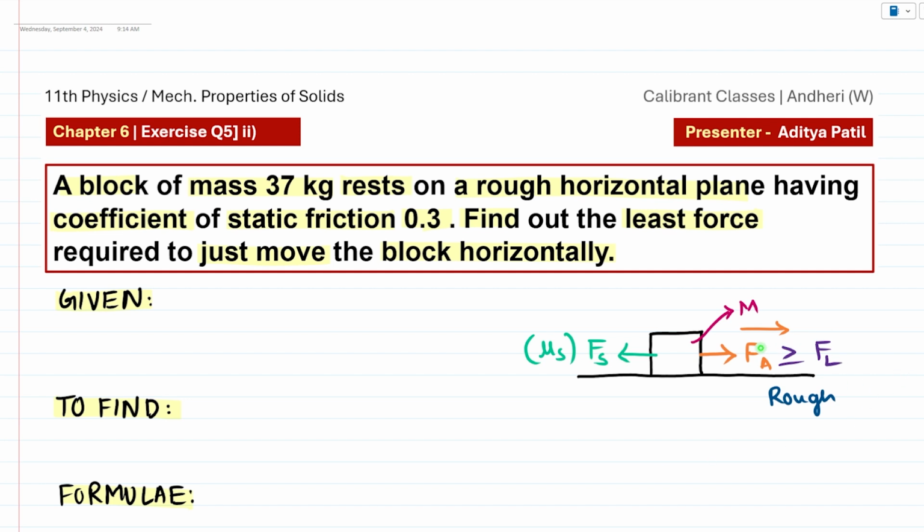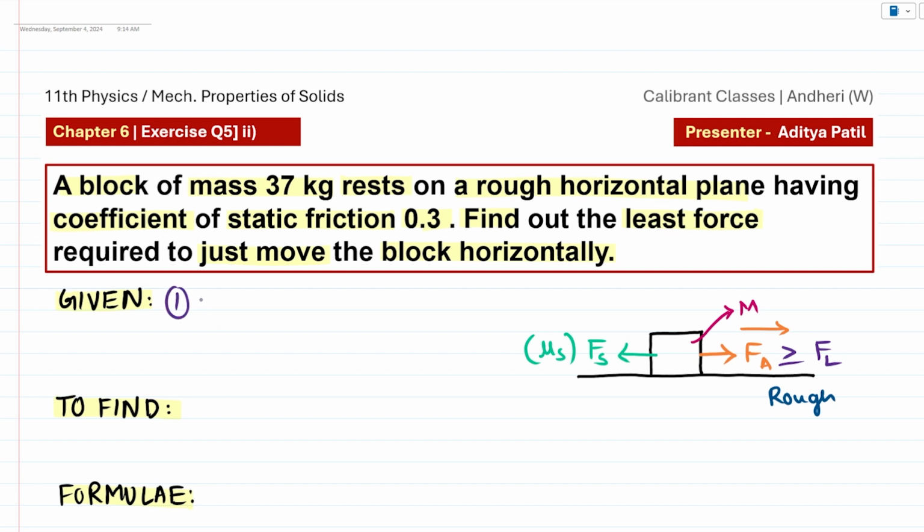So if we need to calculate the least amount of force required to move the block, that is applied force, we need to first calculate the limiting force of static friction, because our FA is equal or greater than limiting friction itself. So now let's try to reapproach our question.